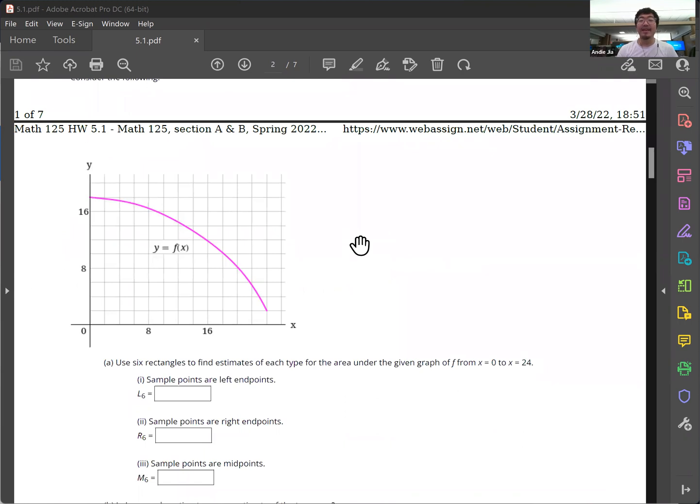If we have a complicated function, whether it's complicated or easy, what you're looking for is the interval, how many subintervals, and what approximation they're asking for.